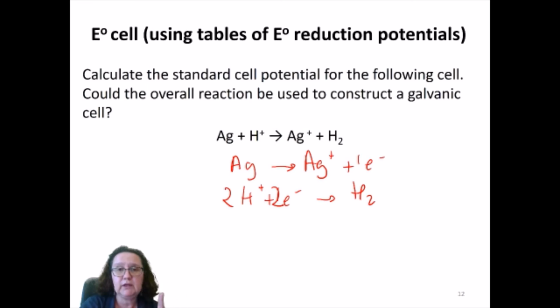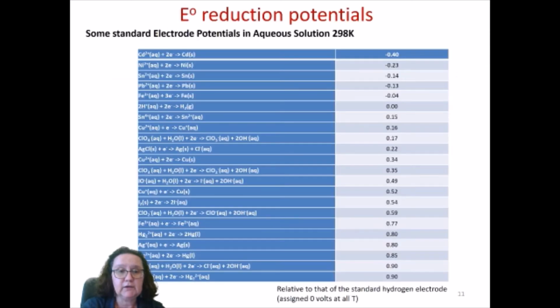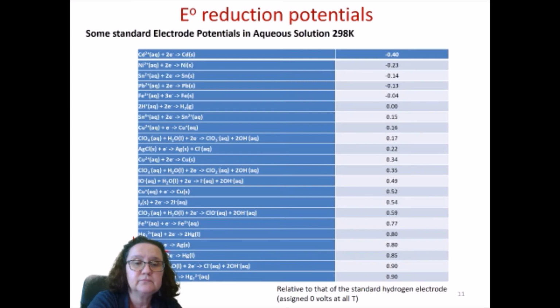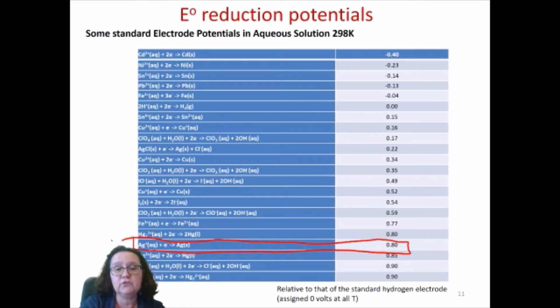So I go to the table and I try to find those two semi-reactions. The silver one, I can find it here, in the other direction. This is giving us a reduction process, as a reduction reaction, but the value is there.